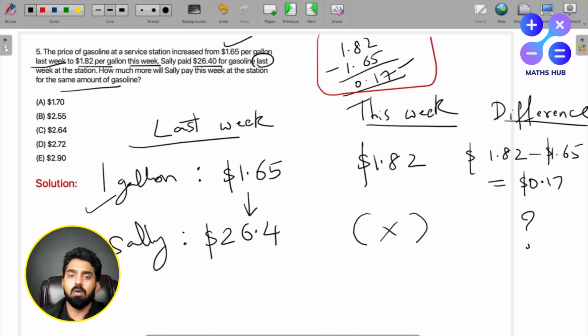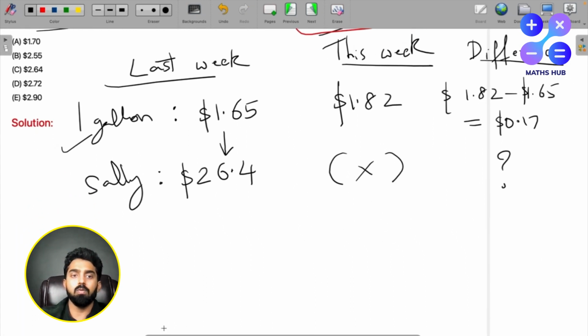Now we need to figure out how many gallons this is. For $1.65, she's getting 1 gallon. For 26.4, how many gallons is it?